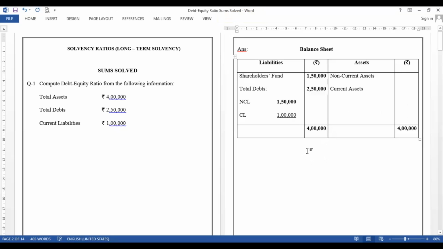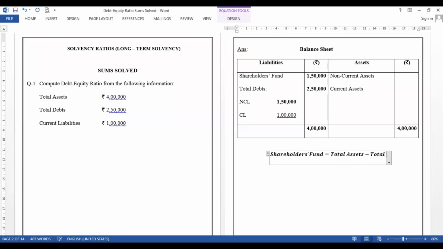Now let us see how to present it in board exams. Whatever things we have done in the balance sheet, the same thing we need to apply over here. Let us calculate first of all shareholders fund. Shareholders fund will be equal to total assets minus total debts.